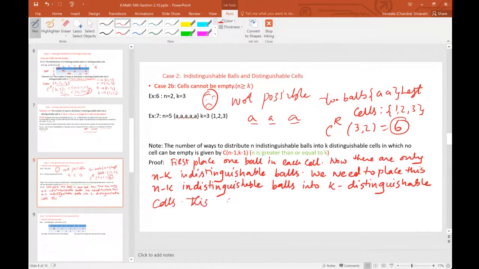And this can be done, by theorem 2.4, in this many ways.